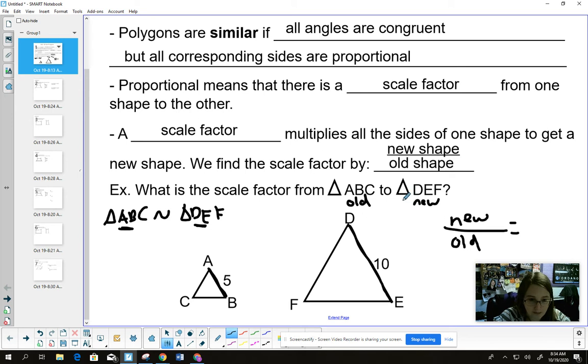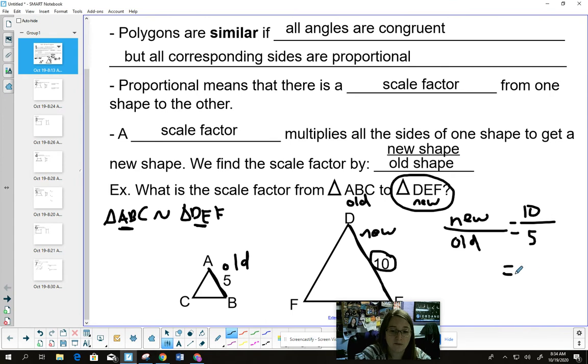So my new shape is DEF. That's this one. So I'm going to put 10. And we can even write new by it if we want to. Old, so we don't forget. Divided by 5. Our scale factor is 10 divided by 5, which is, of course, 2.